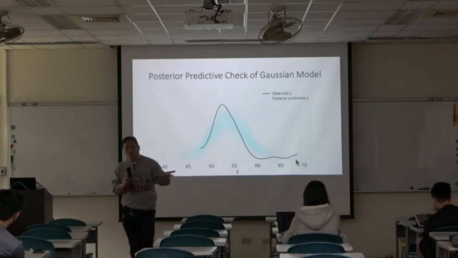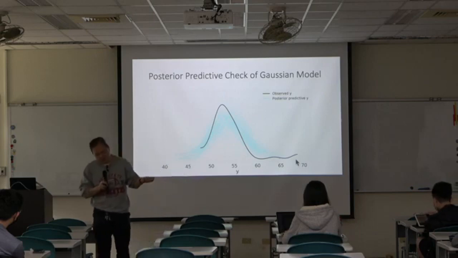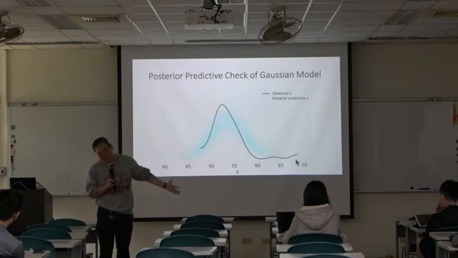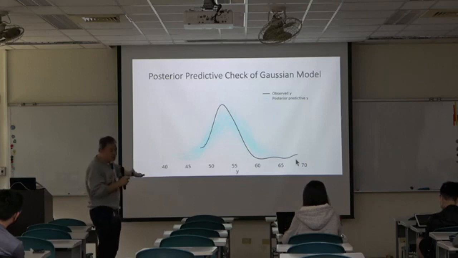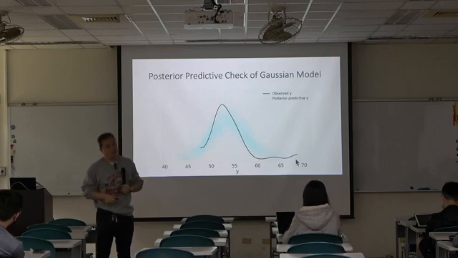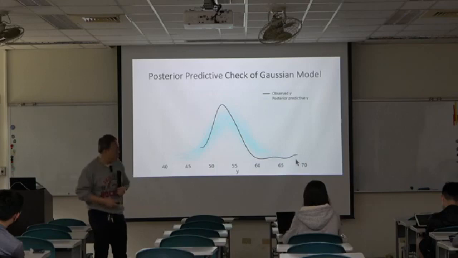I'm not saying the Gaussian one is terrible, because as I already explained, the domain expert considers it good enough. But I'm saying the Student's t-distribution model is better than the Gaussian model.